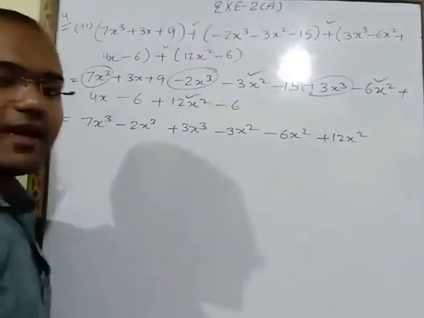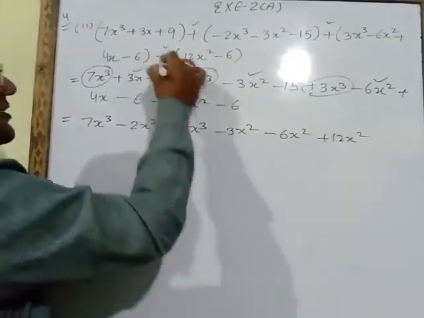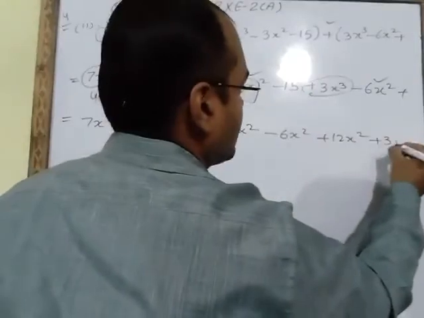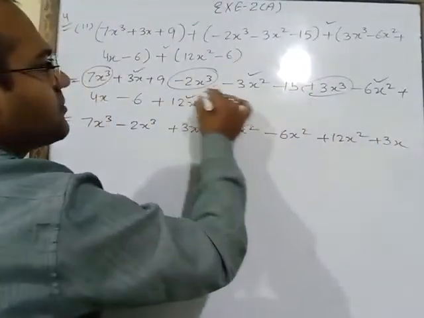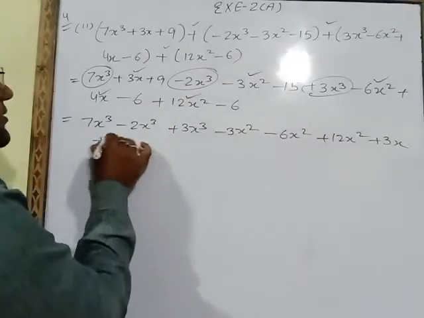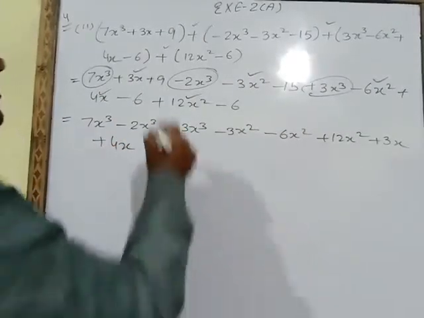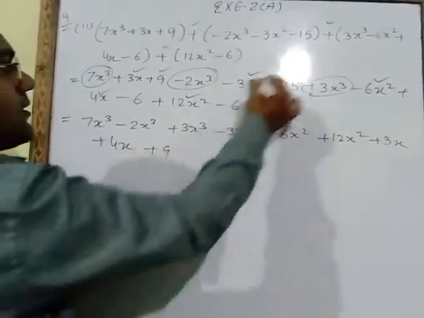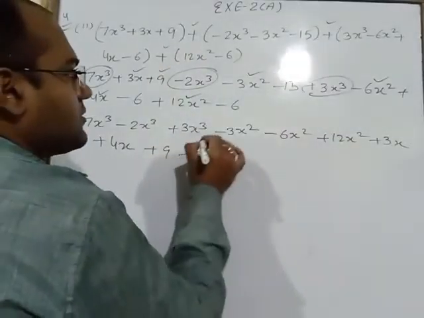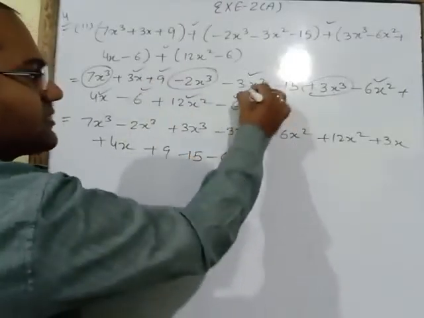Now we will write x terms, those terms which are having x: plus 3x, plus 3x, then plus 4x. Now x terms are over. Now we will write constant terms: plus 9, minus 15, minus 6, again minus 6.